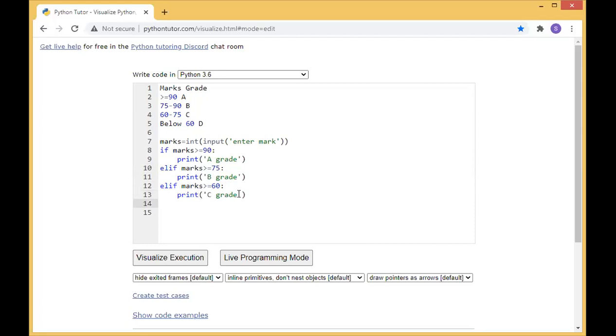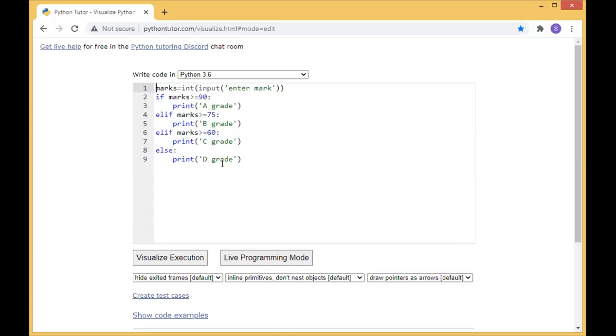If this is also not satisfied, that means it is below 60. If every condition is not satisfied, definitely that mark should be less than 60. So there we can easily print D grade. Understood?